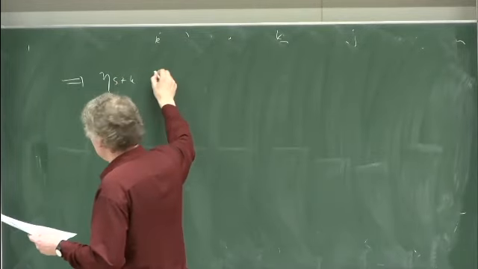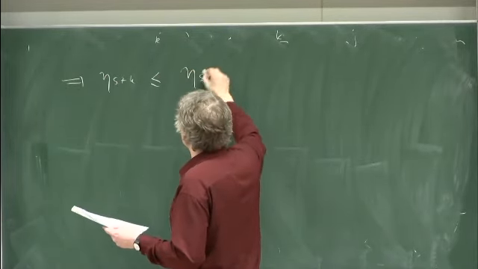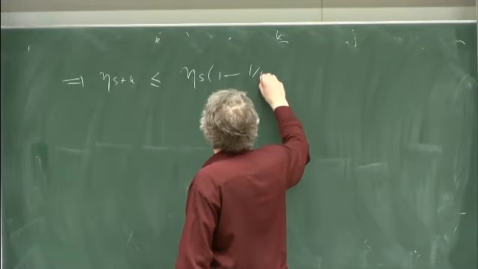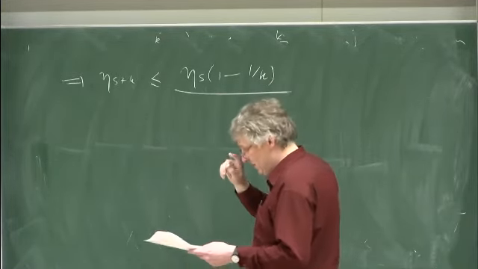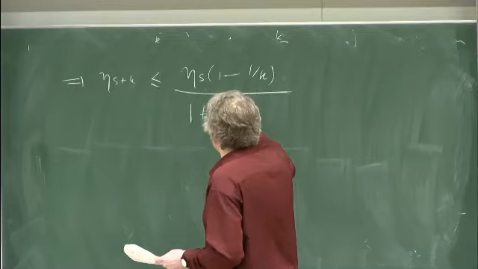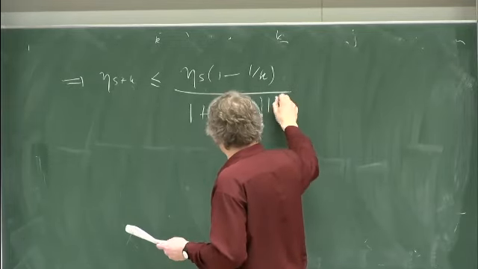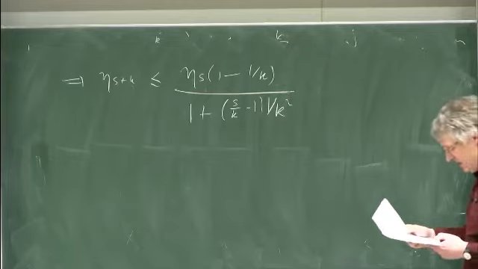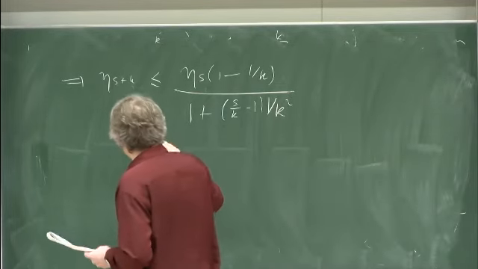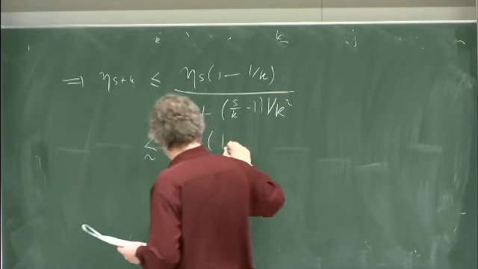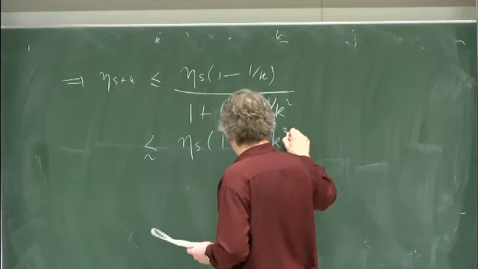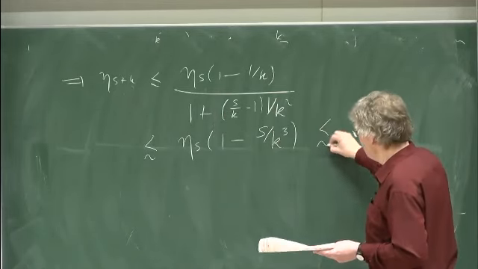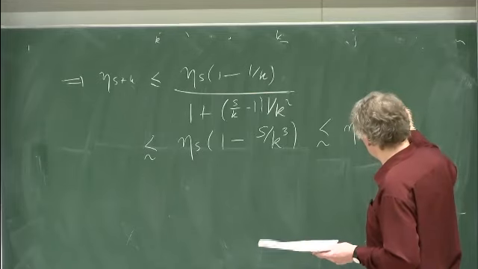So our upper bound for eta s plus k now looks like eta s 1 minus 1 over k, which is what I had in the classical version of Vinogradov's mean value theorem, divided by 1 plus s over k minus 1 times 1 over k squared. And if I want to approximate this just to get an idea of what's going on, that's roughly eta s times 1 minus s over k cubed, which is roughly speaking eta s e to the minus s over k cubed.